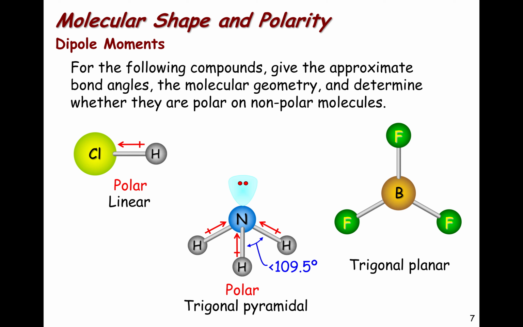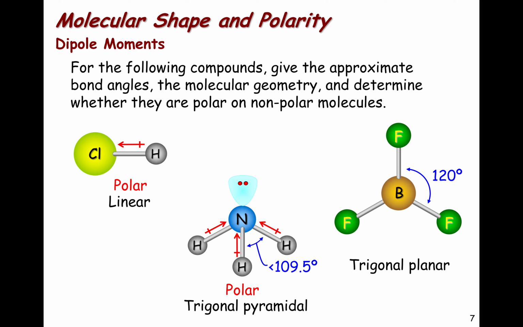And then finally we have BF3. In this particular case, we have three electron regions around the boron, so this is a trigonal planar structure. All three of them are bonding, so the molecular geometry is described as trigonal planar. The angle will be approximately 120 degrees.